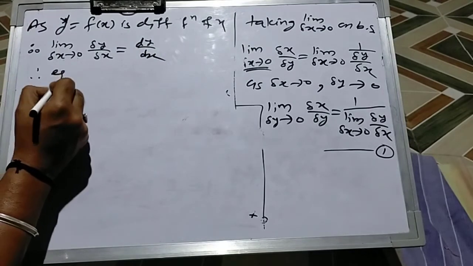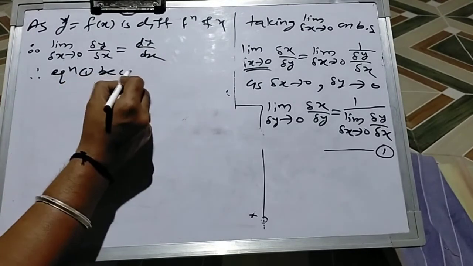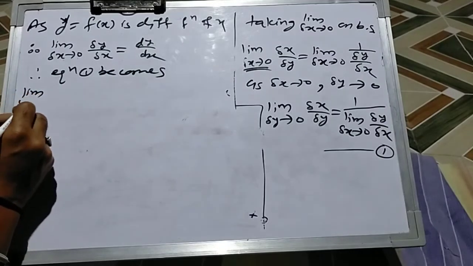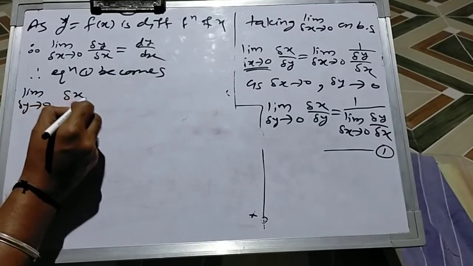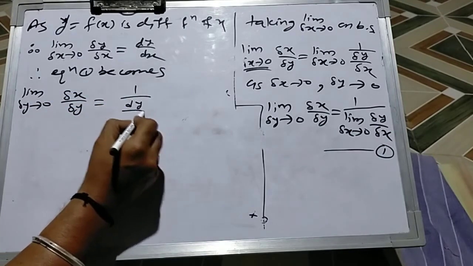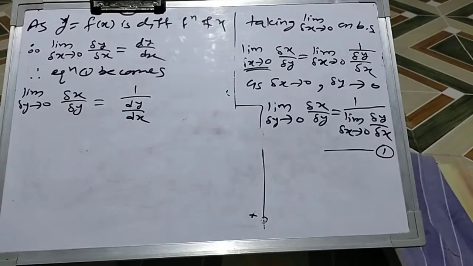So equation 1 becomes limit delta y tends to 0 of delta x divided by delta y equals 1 divided by dy by dx.